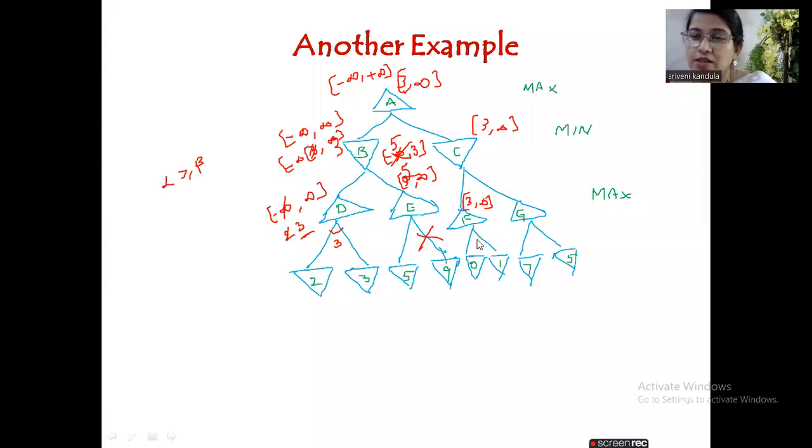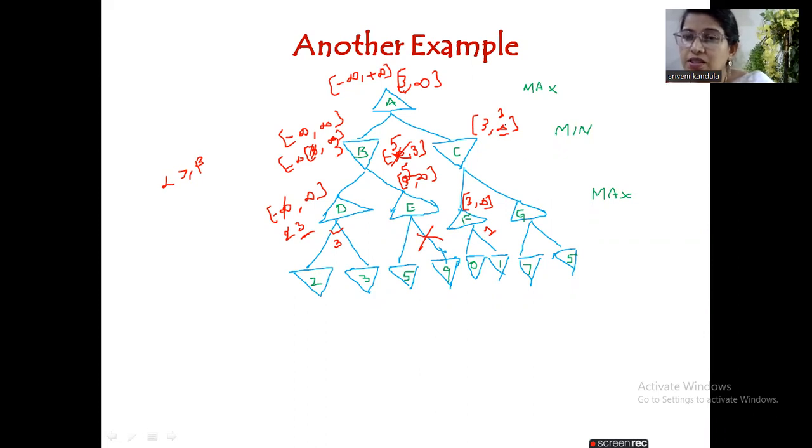This is a maximizing player. The value at this particular node is 1. This 1 is compared with infinity, since the minimizing player will always try to take the minimum value. Compared to infinity, 1 is minimum, so here the value will be updated to 1. The same thing will be propagated to the max player here.